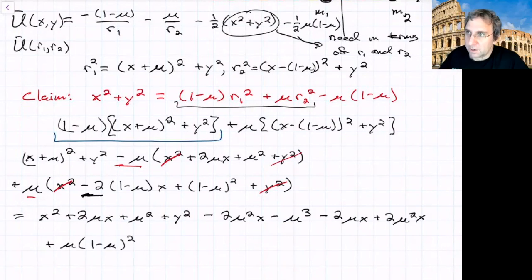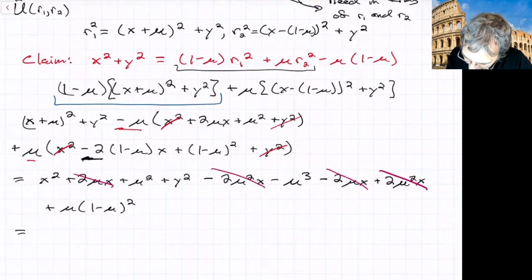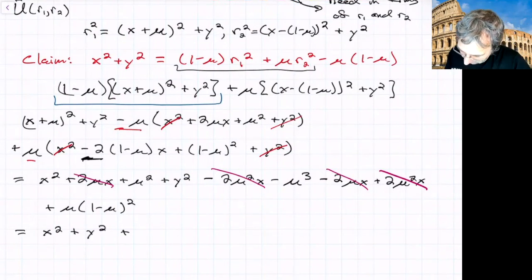And now let's look for some other things that cancel here. We've got 2 mu x and minus 2 mu x, minus 2 mu squared x and plus 2 mu squared x. Looks like we'll have to keep on going here. I'm going to get x squared plus y squared plus mu squared. And what's this last thing?